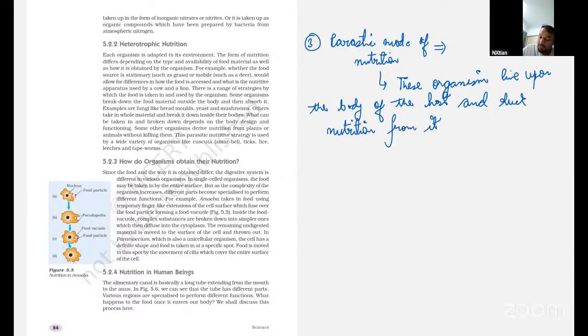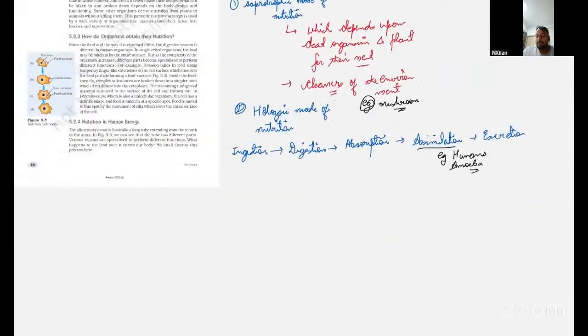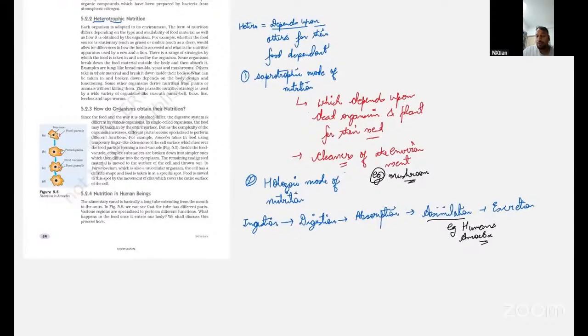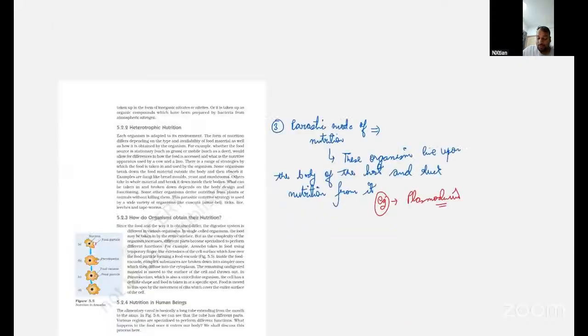For example, plasmodium is a parasite that lives on the host body and sucks the nutrition from it. So these are the three types of mode of nutrition. First is saprotrophic, second is holozoic, and the third one is parasitic mode of nutrition.